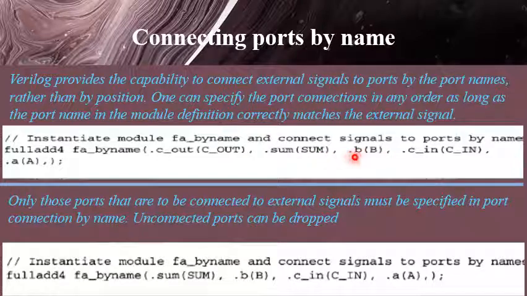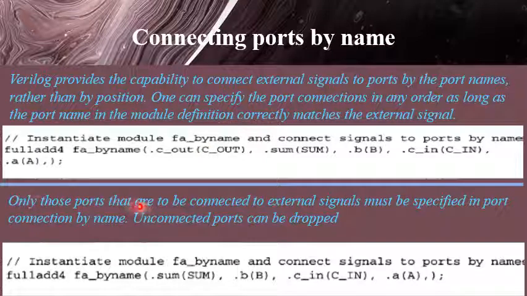So here next port appearing is B. So dot B is the syntax: dot B of the module design block is connected to uppercase B, that is the signal in the stimulus block, that is the external signal. Similarly Cin and A. So for every port name you have to specify first the internal signal and in brackets the external signal which are to be connected.